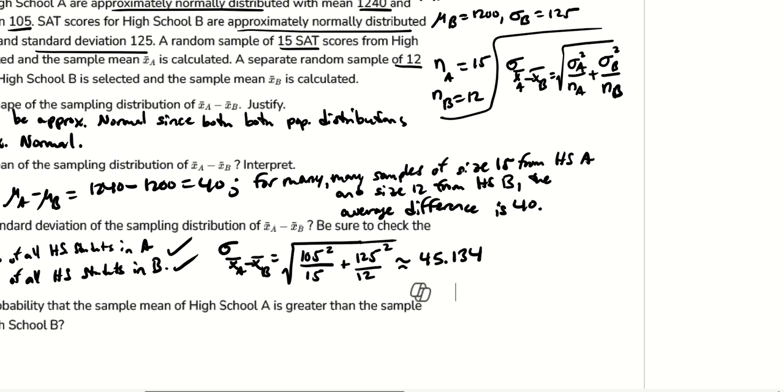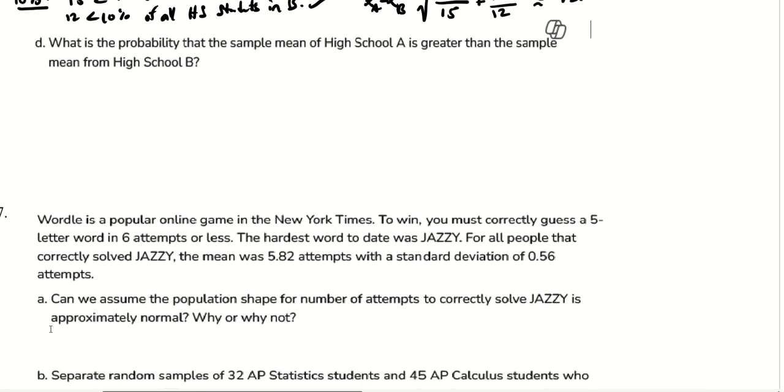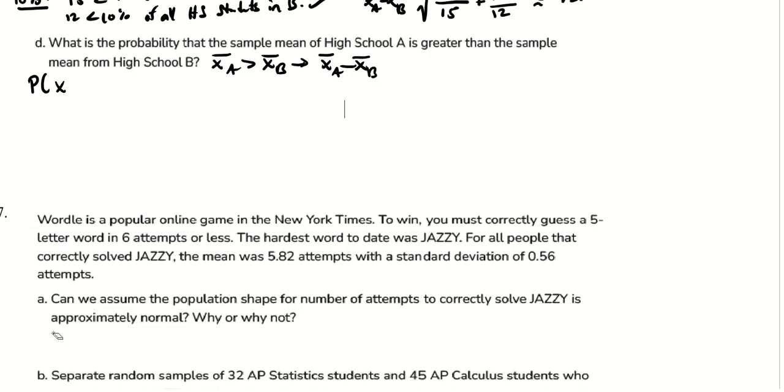Okay. All right, so now let's look at the next one. So what is the probability that a sample mean of high school A is greater than the sample mean from high school B? So if they want this to be greater than B, then that's the same thing as saying x bar A minus x bar B is greater than 0.